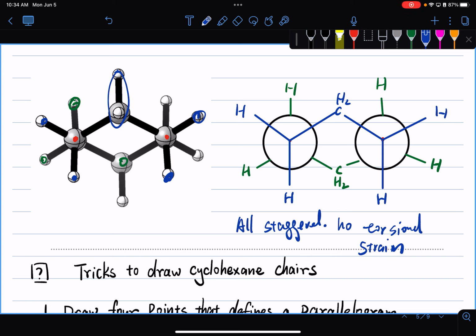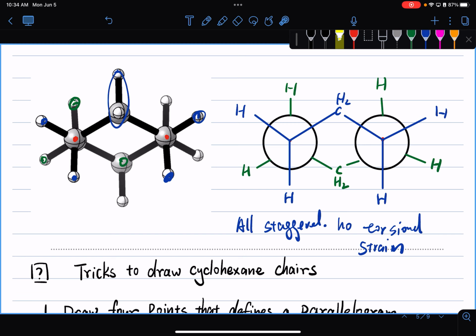Yes? Aren't the carbons eclipsed? Well, so the carbon-carbon bond together, if you look at it, these two are bonded together. When they're bonded together, we don't think they're eclipsed to each other. But these two carbon atoms are in different positions. Now, these two are still staggered to each other.